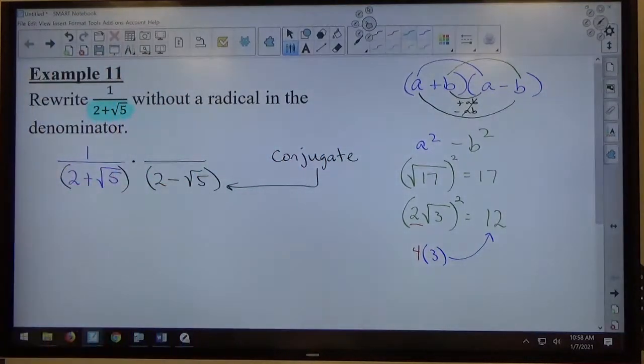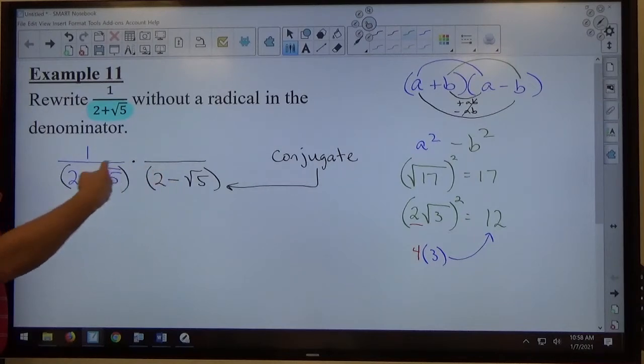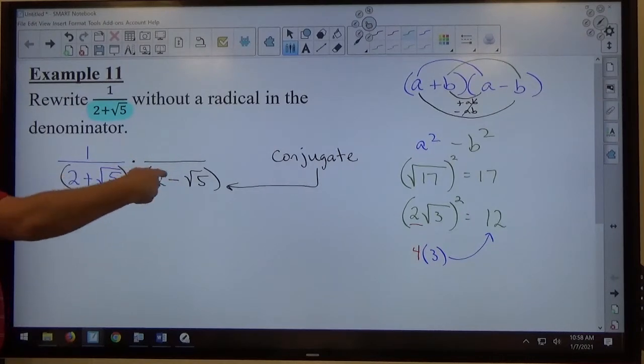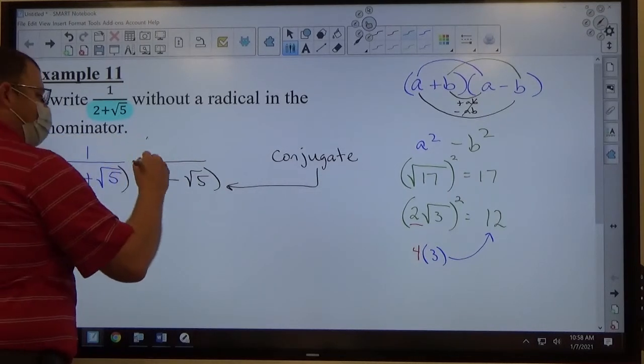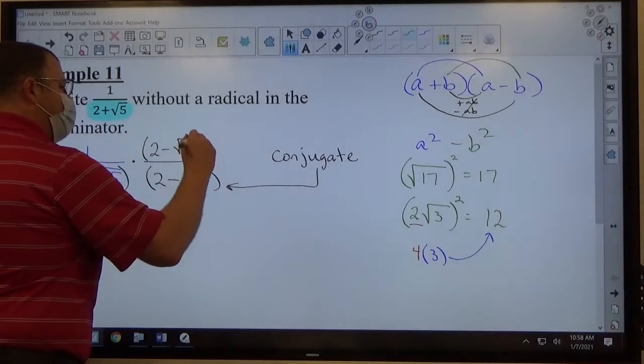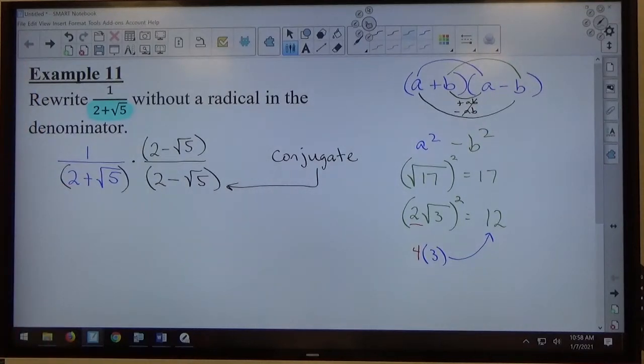We multiply by the conjugate. And again, whatever sign this is, just make it the opposite. If this said minus, this would say plus. This says plus, so this says minus. And if I multiply the bottom times something, I've got to multiply the top times the same thing, like so.